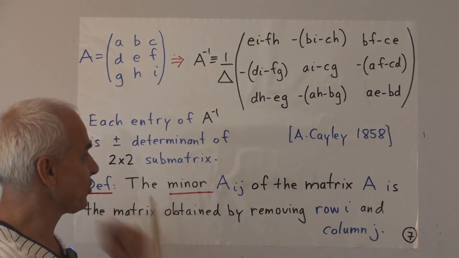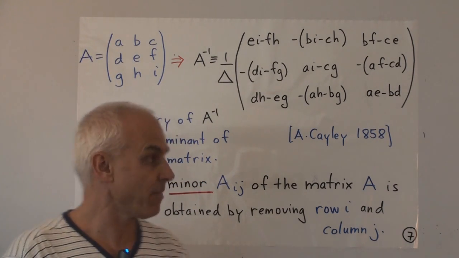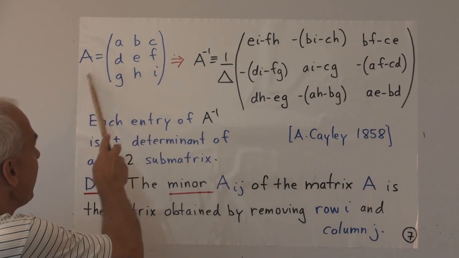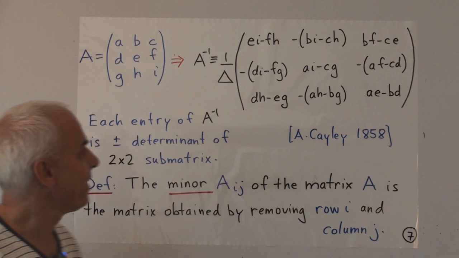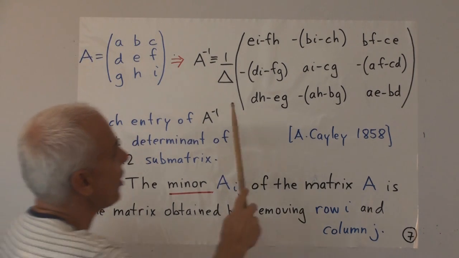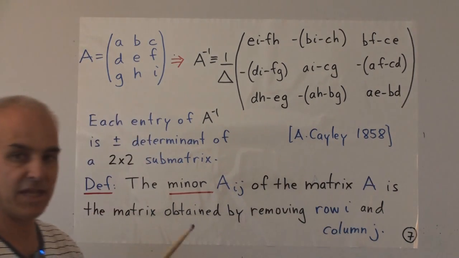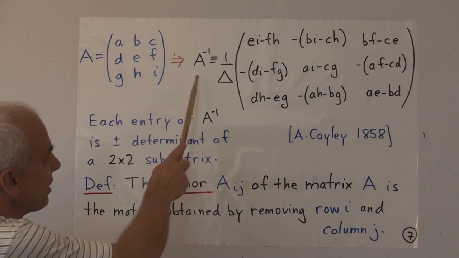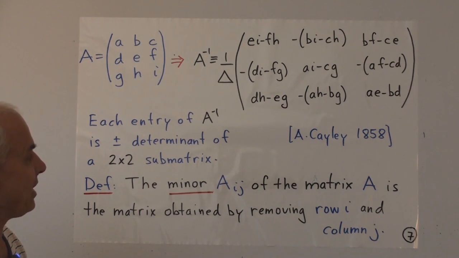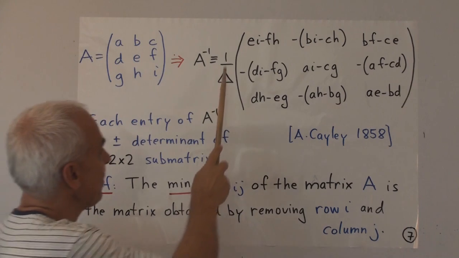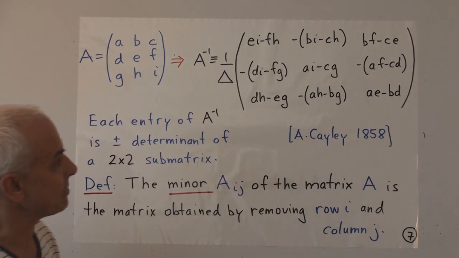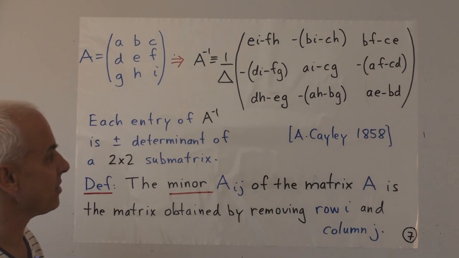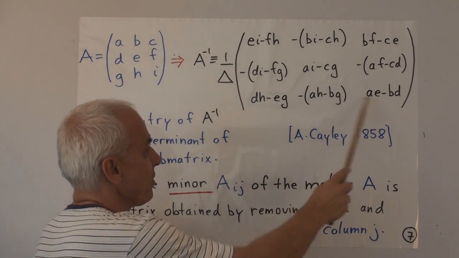So to try to make it easier to remember, let's introduce a bit of notation. If the matrix A is the matrix of coefficients of our system, then here are the coefficients of the inverse system. And we might call that matrix A inverse. So I'm just repeating now, it's 1 over delta. Here are the three entries in the first row, and then the second row and the third row.